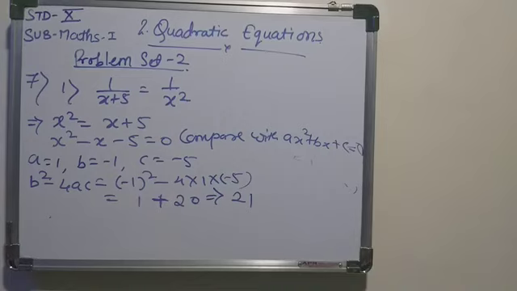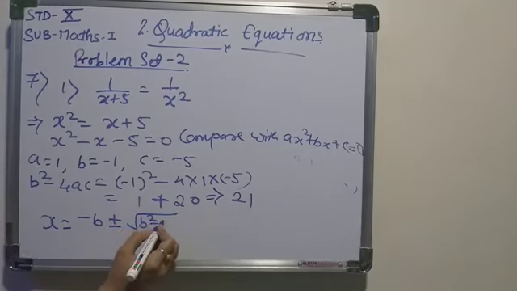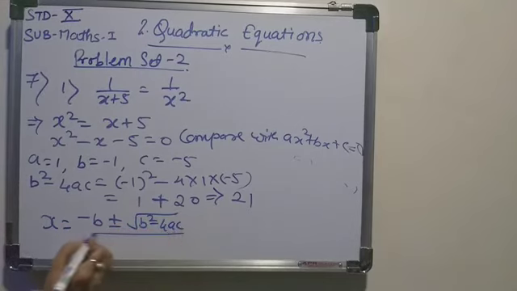We know the formula method. We know the root value. So what is the root value? x is equal to minus b plus minus under root b square minus 4ac upon 2a. Now we are going to substitute the values of b and b square minus 4ac.